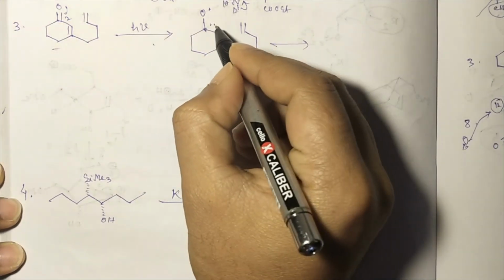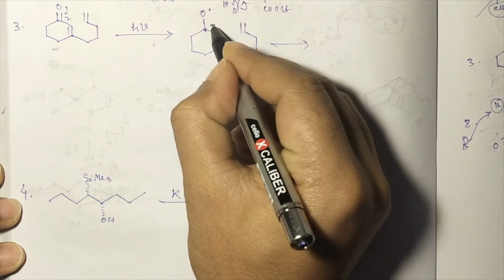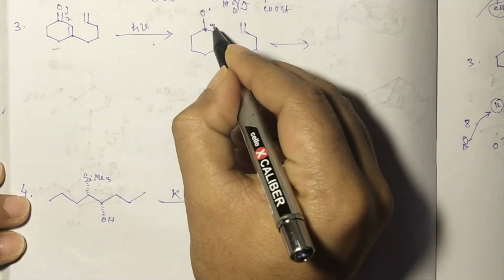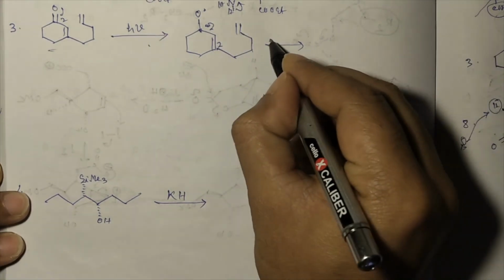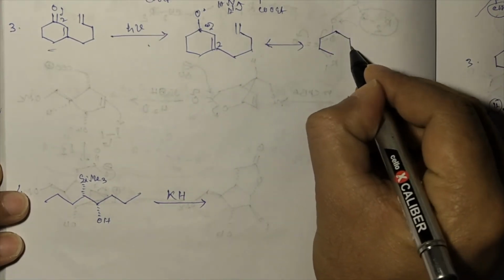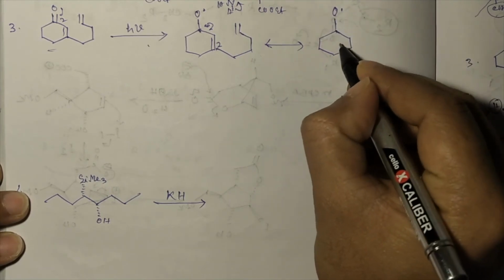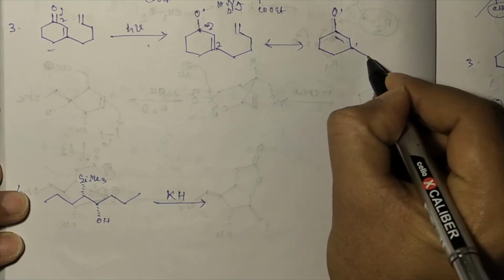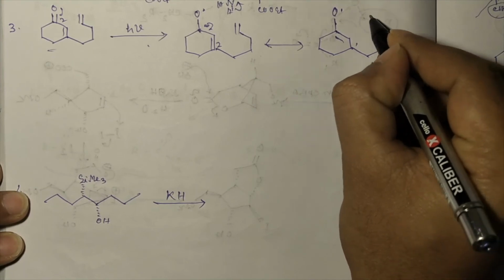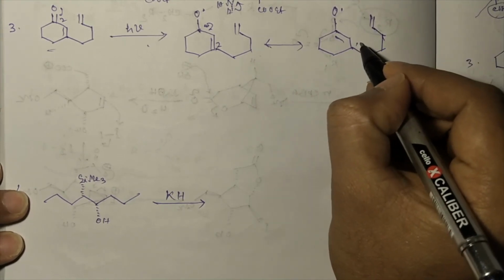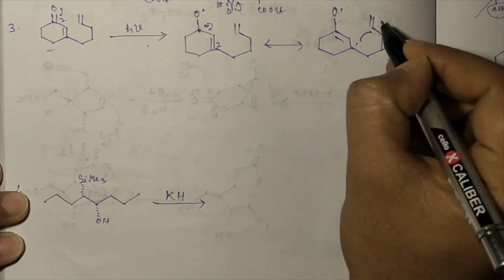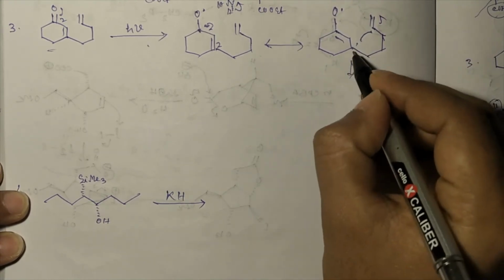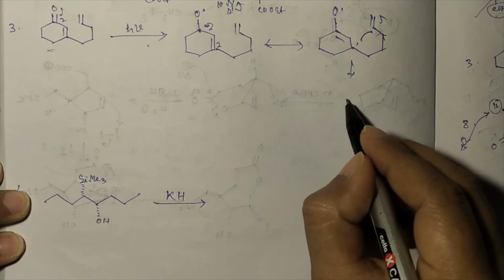So now this is an allyl radical, so it will go into resonance. Now here this radical will attack here, so a 5-member ring will be formed here.